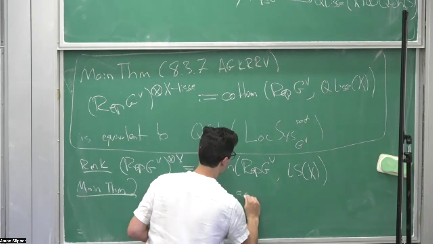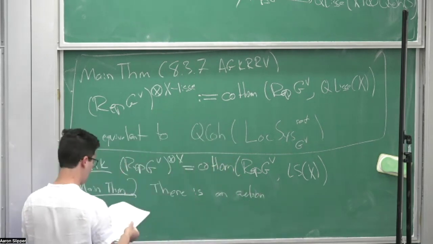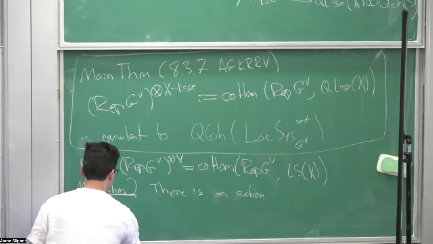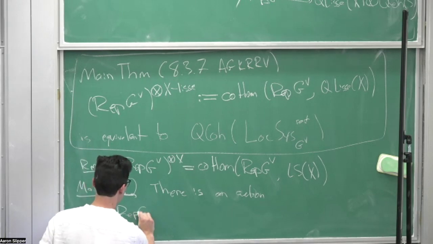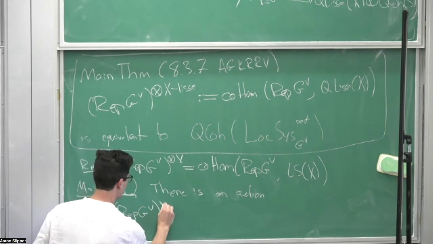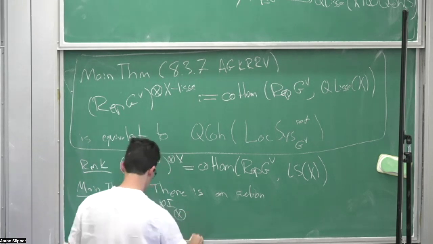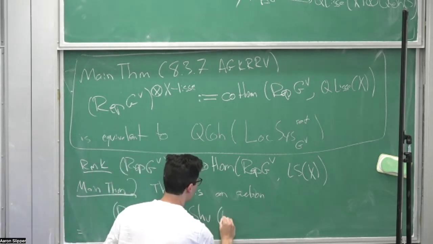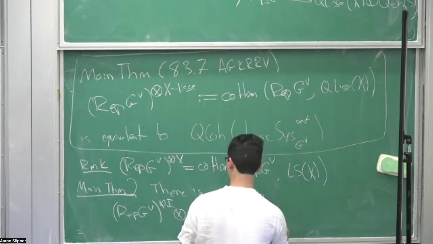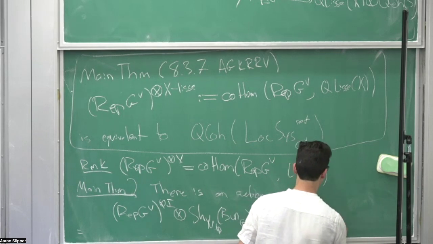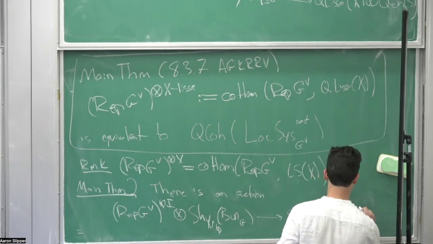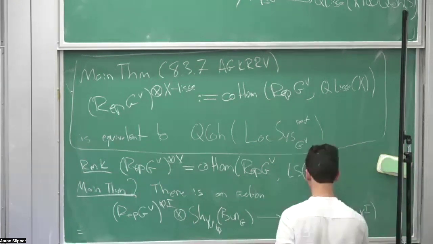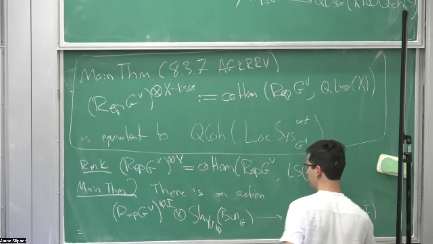There's an action of Rep G check tensor I, tensor sheaves on Bun_G with nilpotent singular support, to sheaves on Bun_G, tensor X to the I with nilpotent singular support.